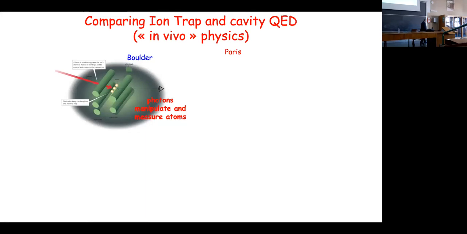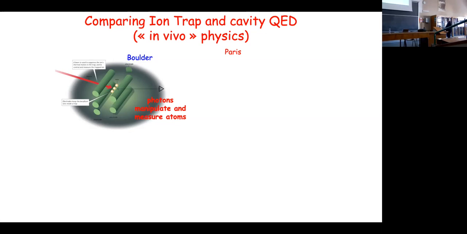Another way to compare the two systems is to make this remark. In ion trap physics, you have electrodes which create a trap which keeps atoms trapped in a region of space, and you use laser light to manipulate the atoms, to cool them, and to detect them through the fluorescence.